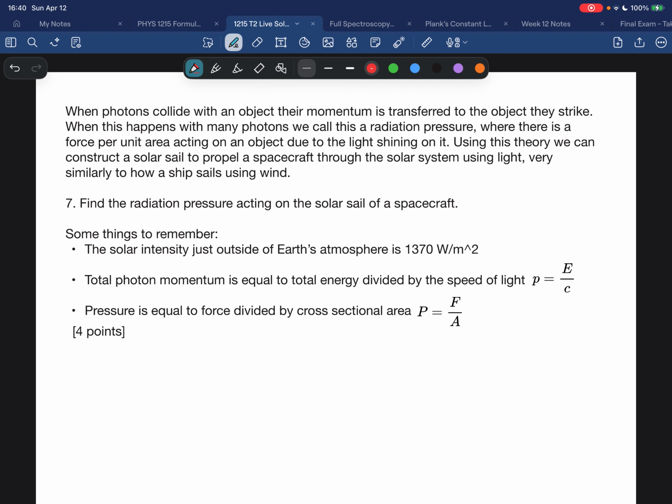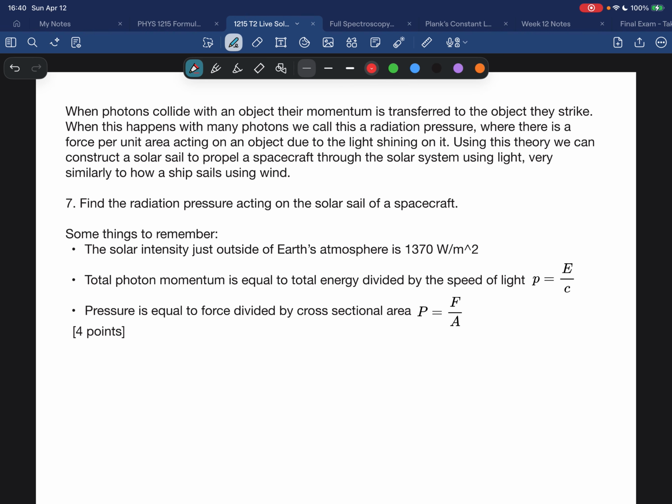Okay, number 7. Find the radiation pressure acting on the solar sail of a spacecraft. Some things to remember. The solar intensity just outside of the Earth's atmosphere is 1,370 watts per meter squared. You might remember that number being an even 1,000 on the assignment. That is not a mistake. The 1,000 is at the surface of Earth.